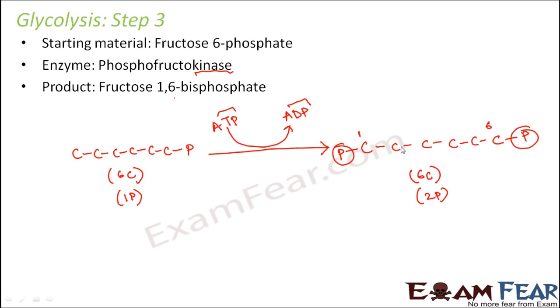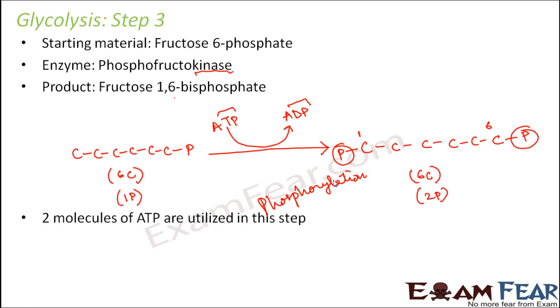So if this is 1 and this is 6, it is 1,6-bisphosphate. So this is the product here. So here also phosphorylation took place because inorganic phosphate was added to the compound. So here again ATP is utilized in this step.